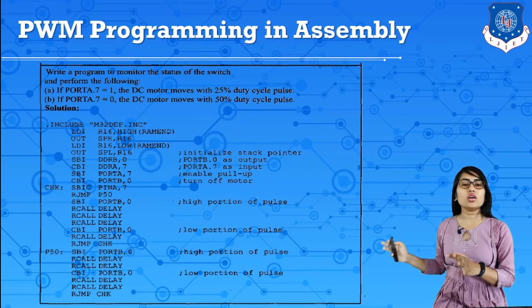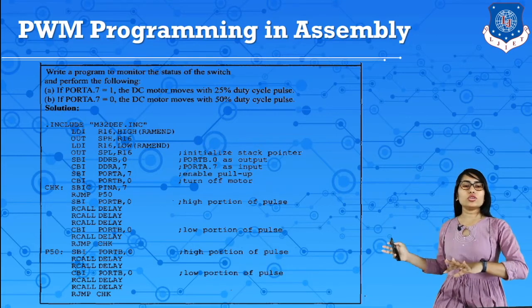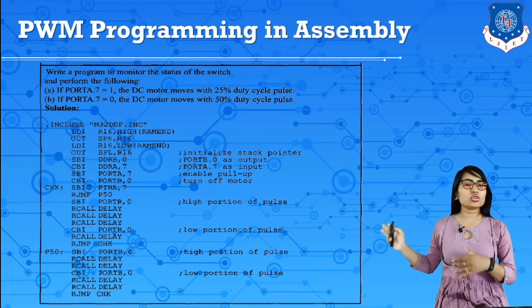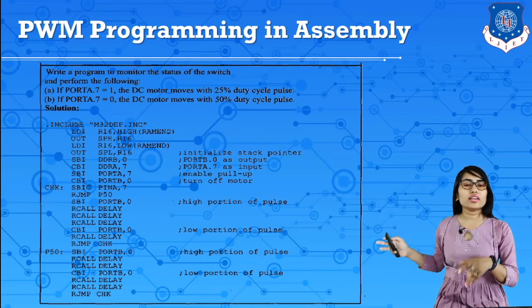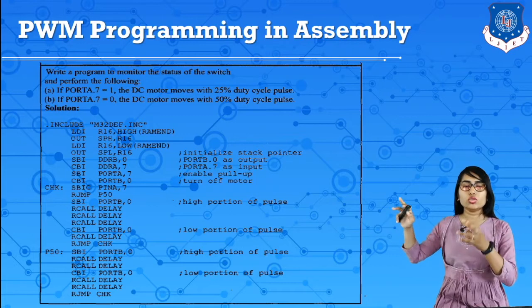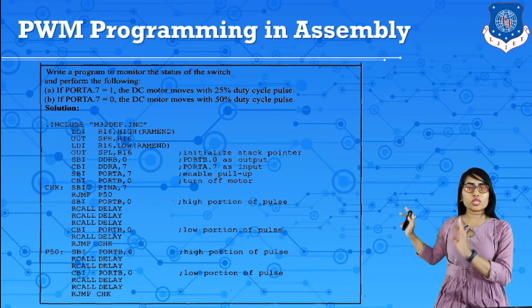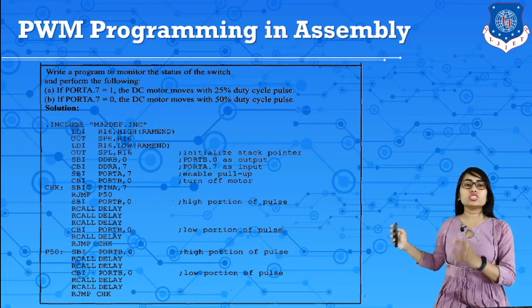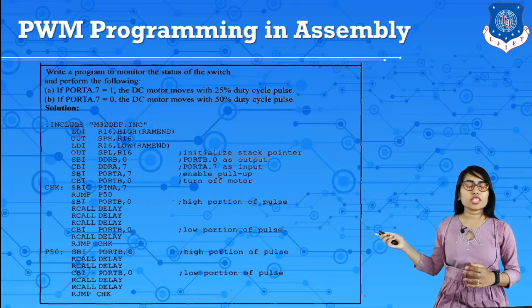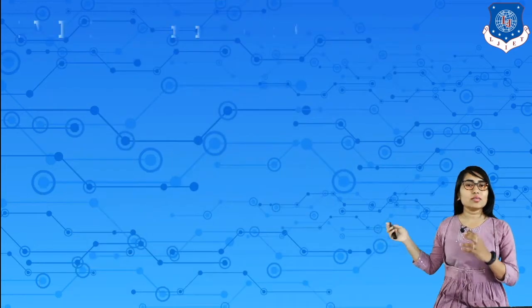So this is how the high and low portions of the pulses are generated. Then it jumps again, and continues at 25%, that means 25% of the time it is on and the remaining time it is off. So this is how PWM waves can be generated in assembly language programming.